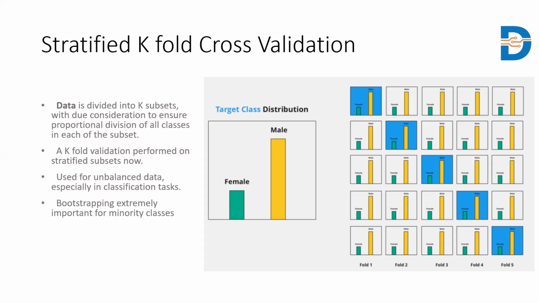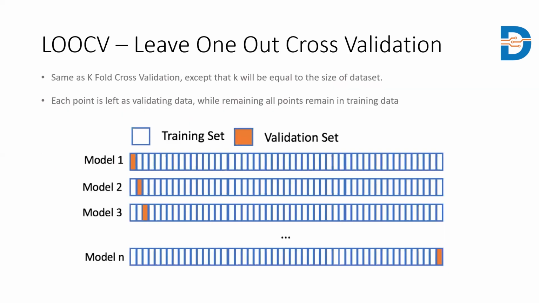This is used for unbalanced data, especially in classification tasks. So bootstrapping is extremely important for these minority classes because the sample data has to be put back in the main data so that it can be used for creating the next subset.